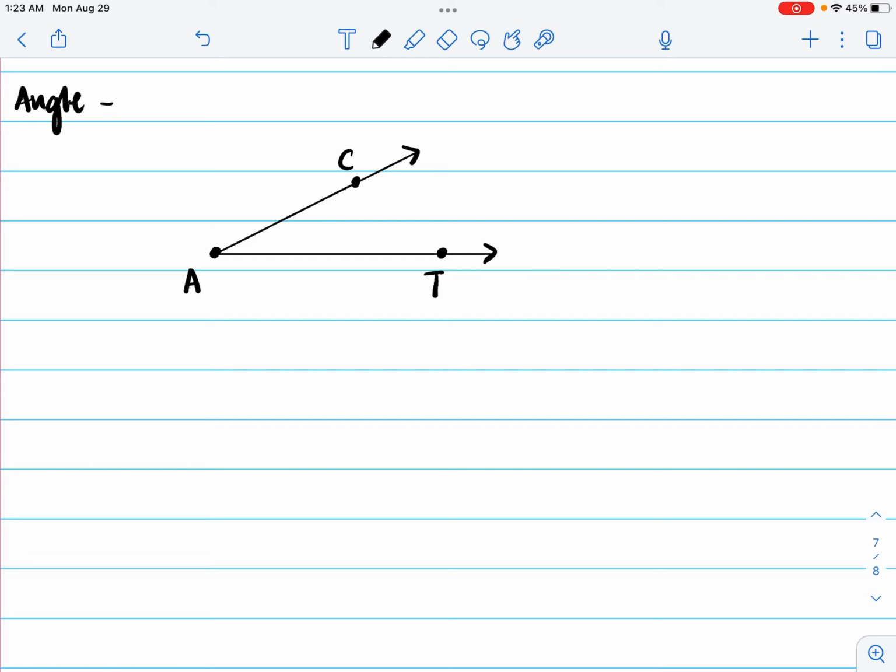It is the measure that is formed by two non-collinear rays, and there goes one of our definitions again, so they're not the same ray, and have a common endpoint.